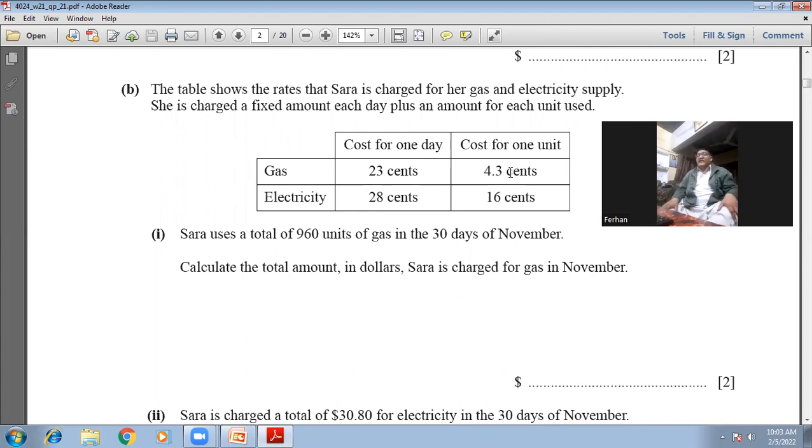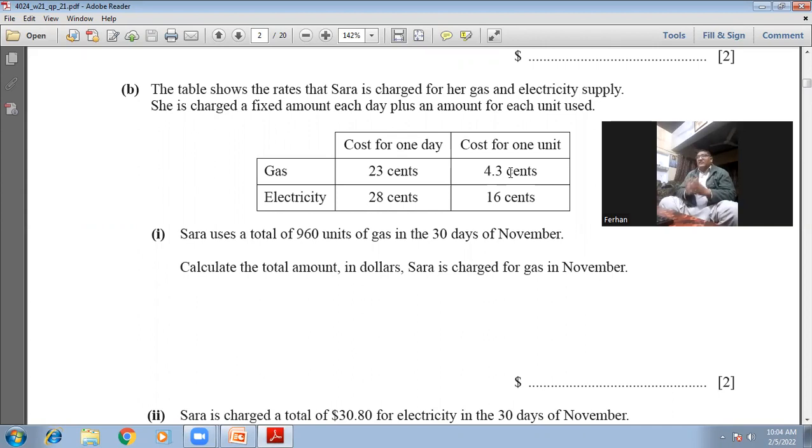Electricity 28 cents is fixed, and she has to pay 16 cents for each unit she is using. Sarah uses a total of 960 units of gas in 30 days of November. Calculate the total amount in dollars Sarah is charged for gas in November.